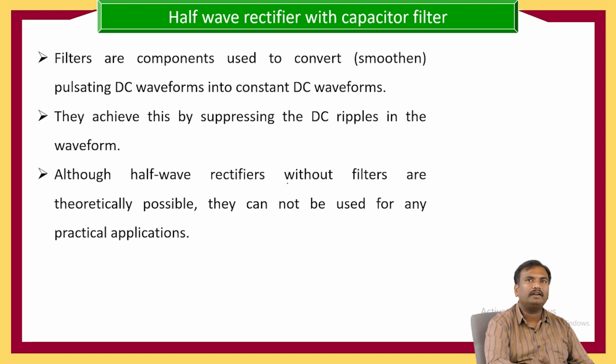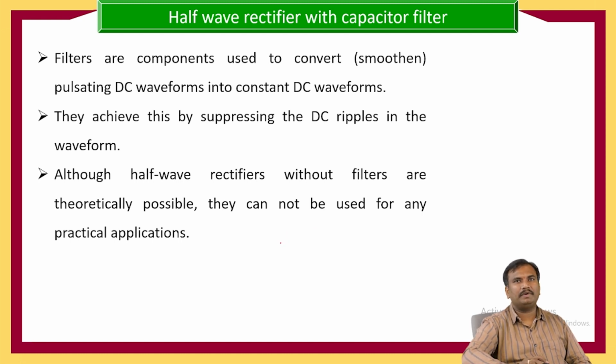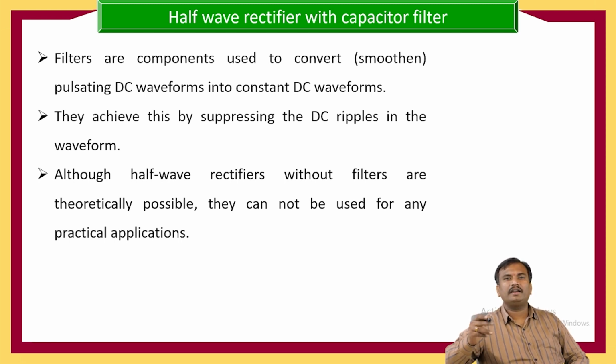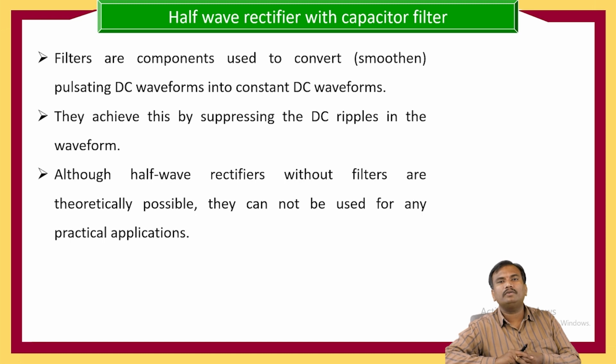Although half wave rectifiers without filters are theoretically possible, they cannot be used for practical applications. Theoretically we can study the rectifier output directly, whereas in practical cases we have to add filters in order to get constant DC, because we don't want pulsating DC for our regular applications.